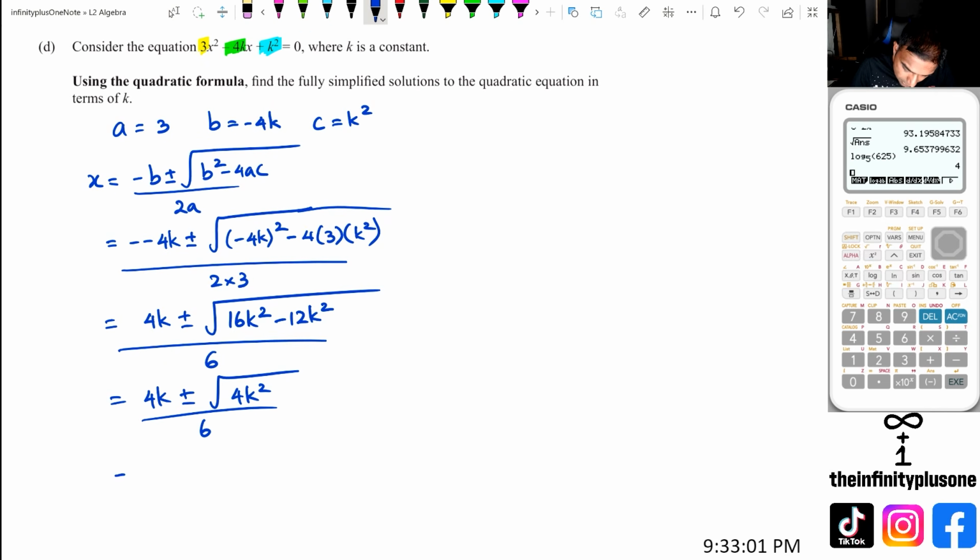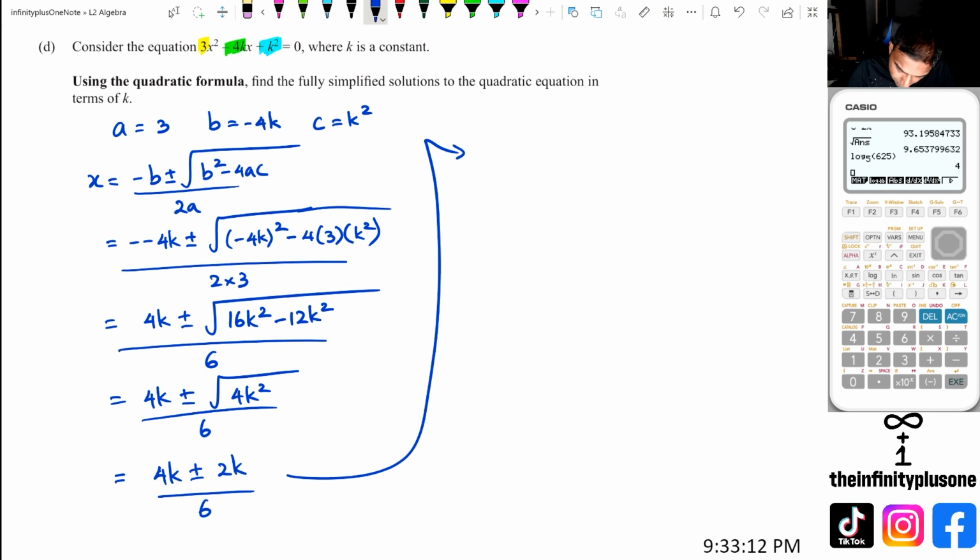So the square root of 4k squared is going to be 2k, let me just do this part here first. So 4k plus or minus 2k over 6. So our first answer is going to be 4k plus 2k over 6, and our second answer is going to be 4k minus 2k over 6. So we're going to get 6k over 6, which equals k, or we're going to get 2k over 6, which is k over 3.